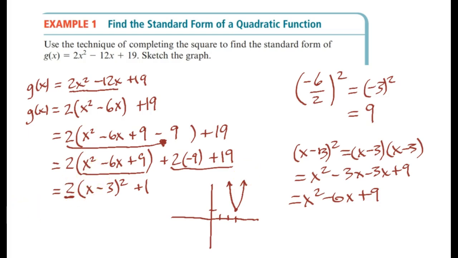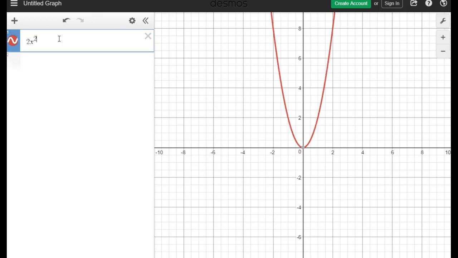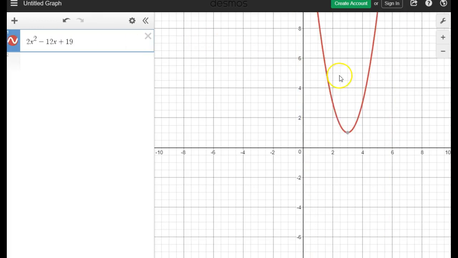So let's go ahead and pull up Desmos really quickly and graph this function. Our function was 2x squared minus 12x plus 19. And there we go. We're located at 3, 1 for our vertex, and it's pointing upwards.